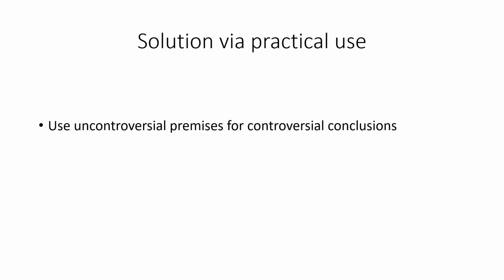When I say both parties, it could be one-on-one, or you could assume the premises are uncontroversial for the audience or whoever you're engaging in the argument for. That's the standard I tend to set.